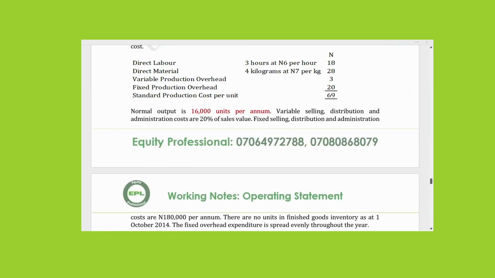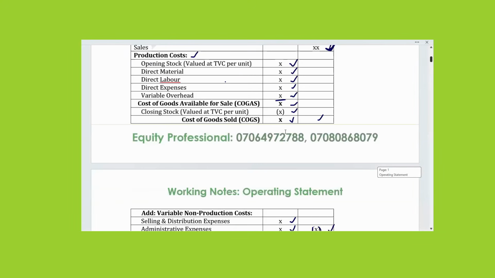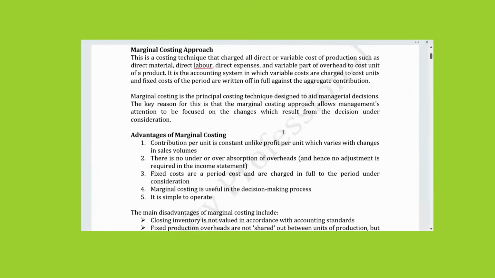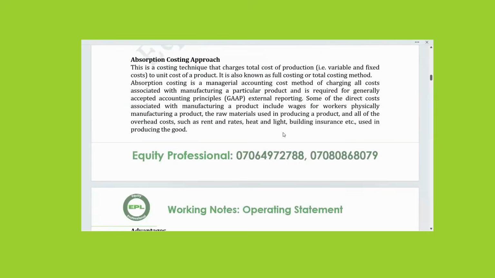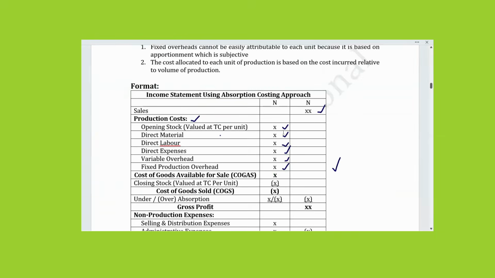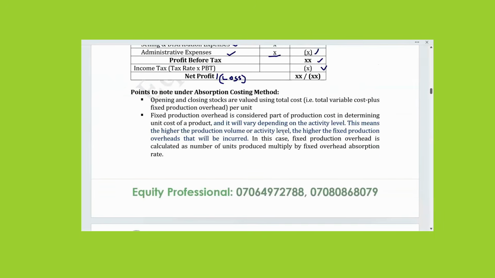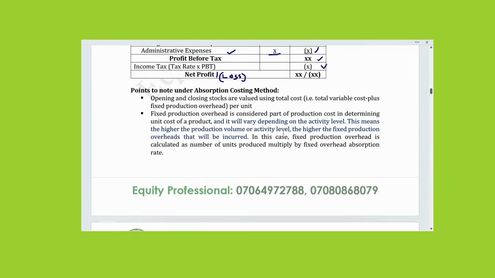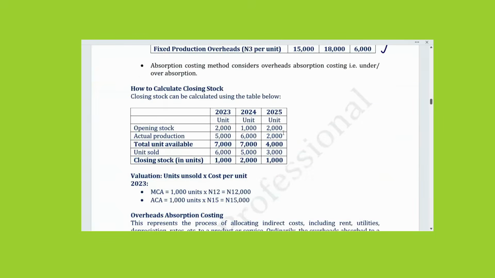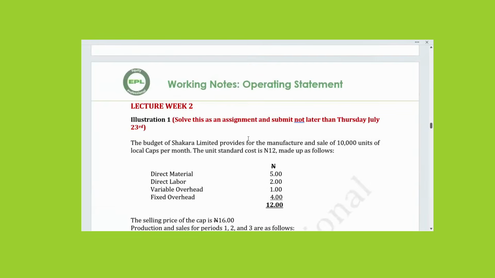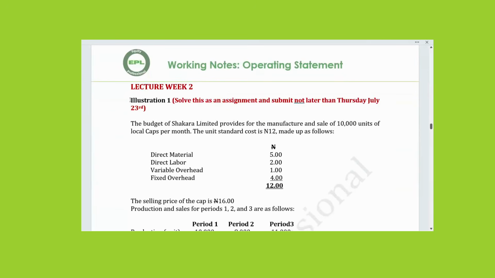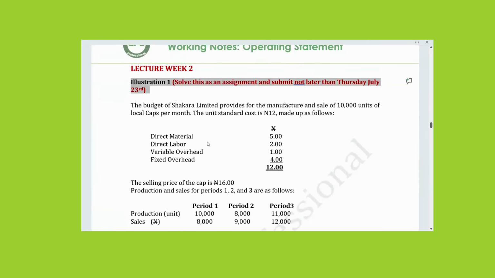You must submit not later than next week Thursday, which is July 23rd. Is it 23rd? Yes, July 23rd. I've already written it down for you. So please solve this illustration number 1 as an assignment and submit.